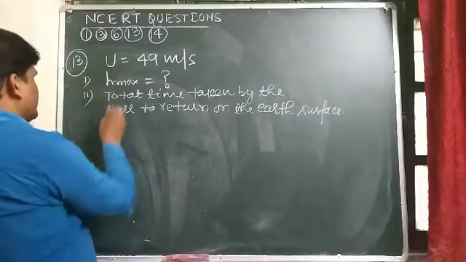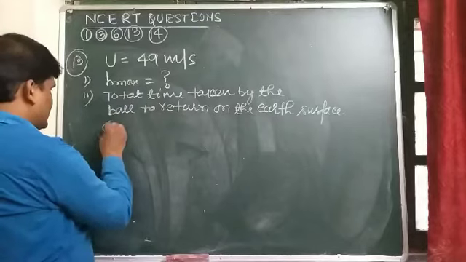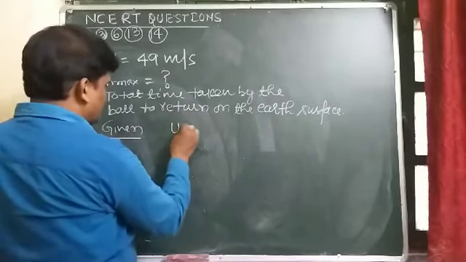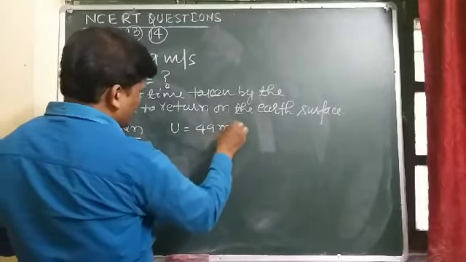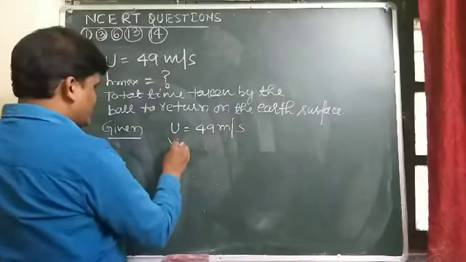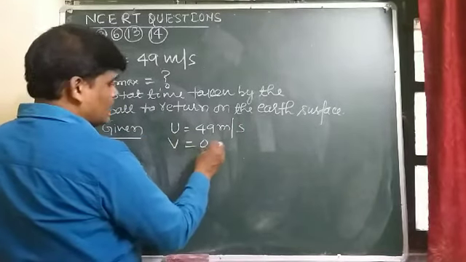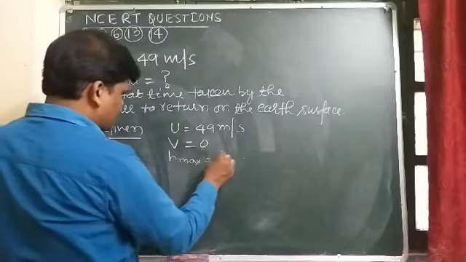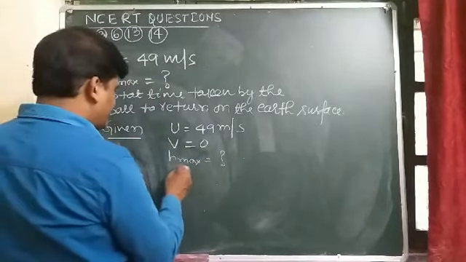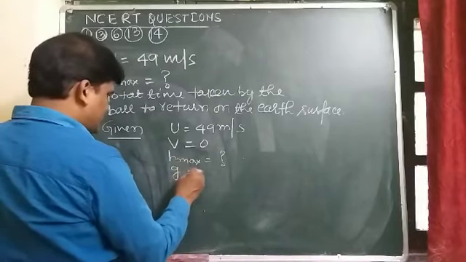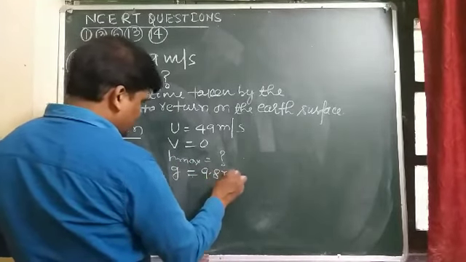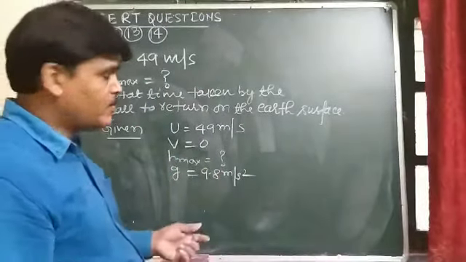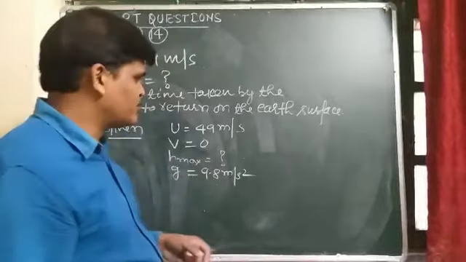So now, given u is 49 meter per second, v equals 0 at maximum height, and we have to find h max, and g we have taken as 9.8 meter per second squared. And students, you know the formula of the third equation of motion.